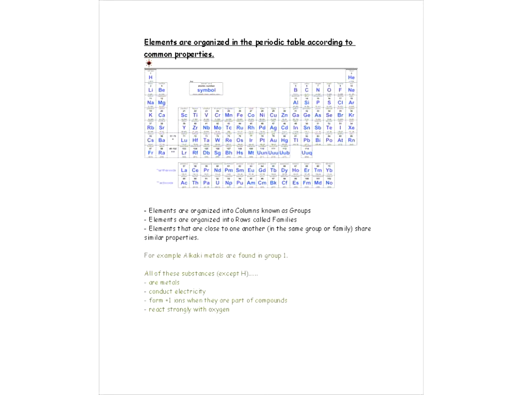So we already know from what we were talking about earlier that the group 1 elements, metals, are going to have certain properties. We looked at some of them already. Okay, they're going to be metals, they conduct electricity, and they form +1 ions when they are part of compounds. They also react strongly with oxygen. Okay? So we've just looked at basically how groups, in other words columns, and rows, which are families, share common properties.